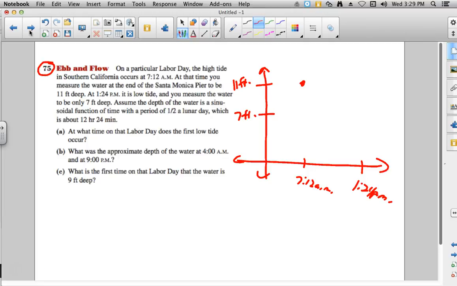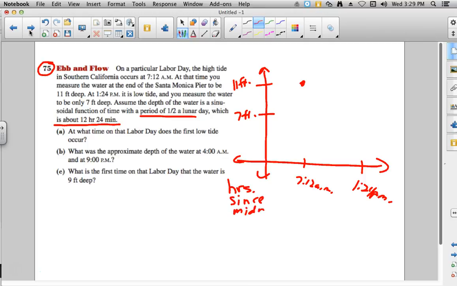Assume the depth of the water is a sinusoidal function of time with a period of 1/2 a lunar day. Well, there's the period information right there, and they're going to ask us a bunch of questions about this. Just like we did in class, the first thing we realize is we really need to switch this to military time, or think of this as just hours since midnight.